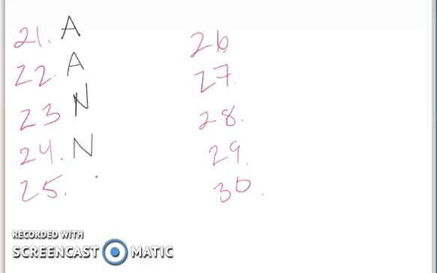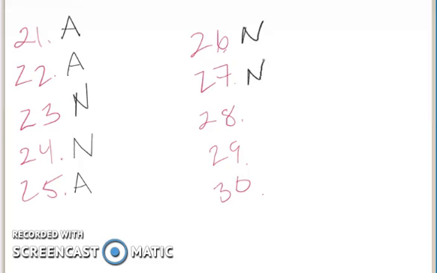Number 25, a rectangle has congruent diagonals. That's always true. 26, consecutive angles of a parallelogram are congruent. That is never true. 27, a trapezoid has congruent base angles.